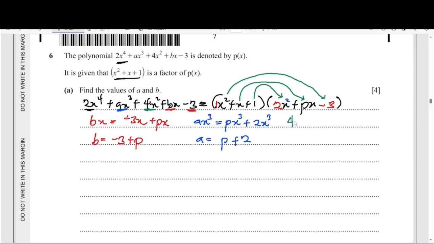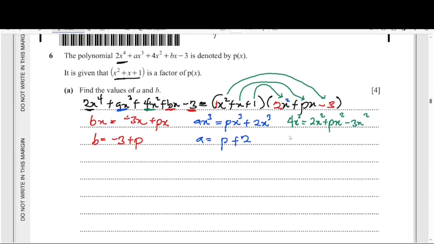So we have 4x squared at the left hand side is equal to, so here's 1 times 2x squared, that's going to be 2x squared, and then x times px is going to be px squared, and lastly 1 times negative 3 and then x squared is going to be minus 3x squared.